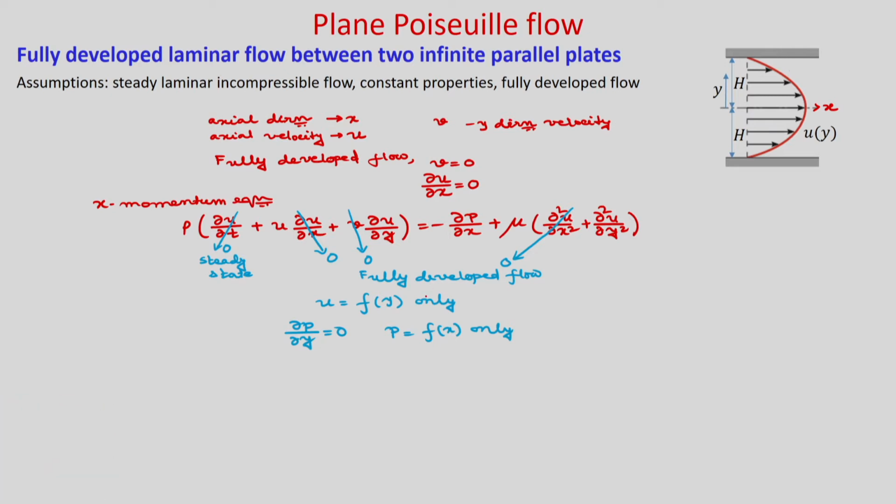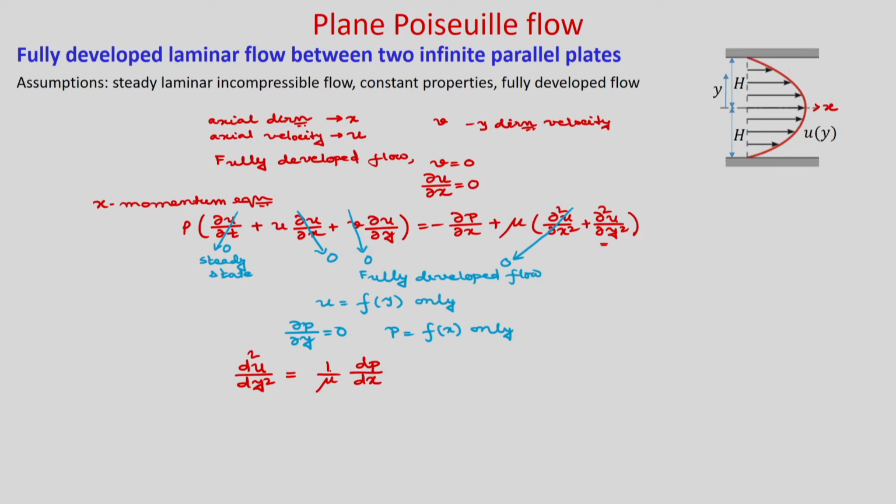So, under this situation this x momentum governing equation you can write as, so u is a function of y only, d2 u by dy square is equal to 1 by mu dp by dx. Okay. Because p is a function of x only.